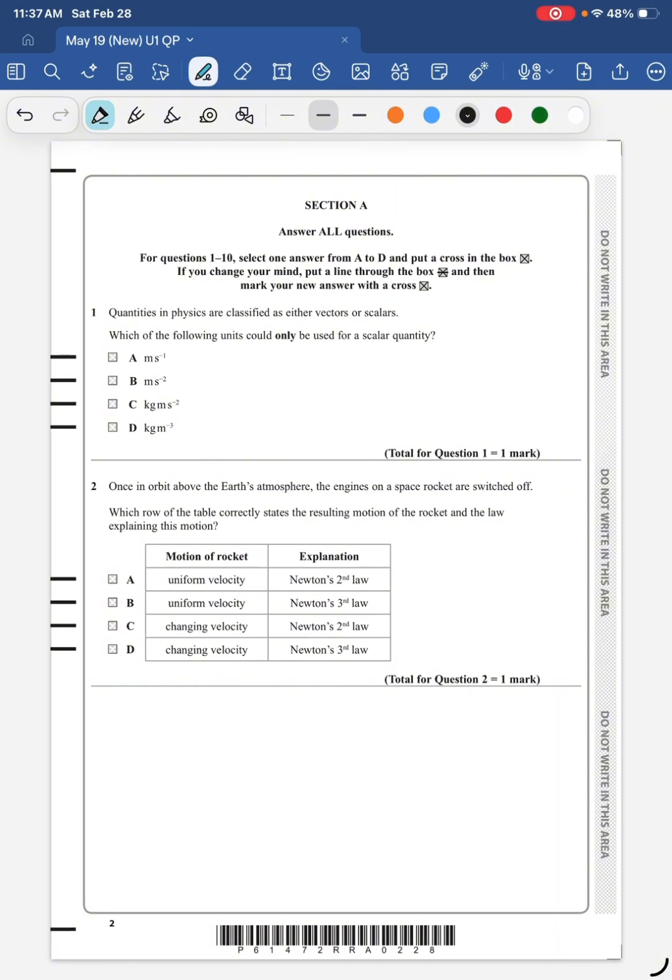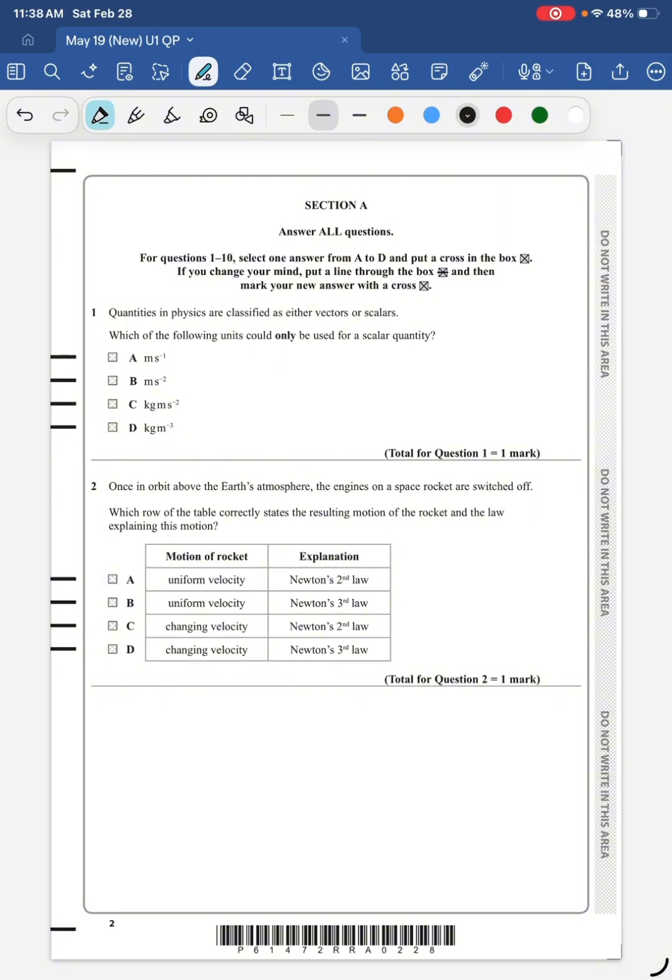Section A, question 1. Quantities in physics are classified as either vectors or scalars. Which of the following units can only be used for a scalar quantity? Meters per second is velocity or speed. Speed is a scalar quantity, but velocity is a vector quantity, so no. Meters per second squared is acceleration, which is a vector.